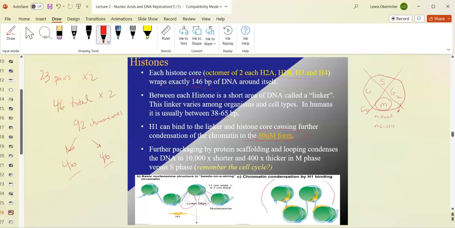So these chromosomes have to get separated during M phase into two daughter cells in mitosis of 46 chromosomes each. And if it didn't do this tight packaging, the chromosomes would certainly get tangled up and then they would get broken.